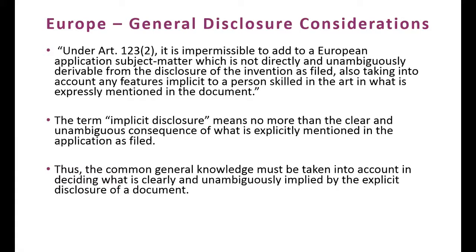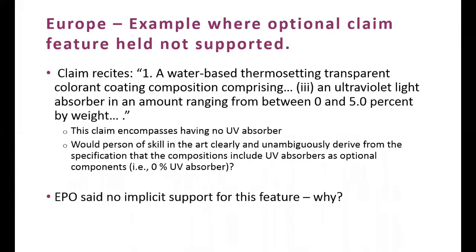So explicit is the actual words in your application, and implicit is the scientific concepts that implicitly flow from that. So we'll look at one example where that was found to be not present.